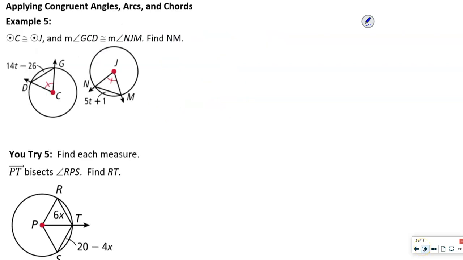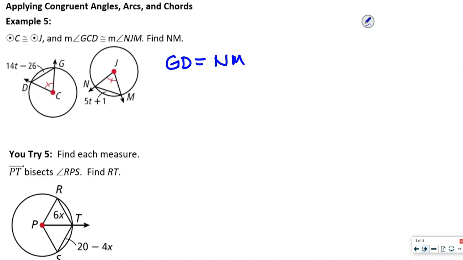All right, so the next one, notice that we have, again, two circles that are congruent. And we have that the measure of angle CGD is equal to the measure of angle NJM. So because the angles are congruent, that means our chords are congruent. So we're going to say that GD is equal to NM.